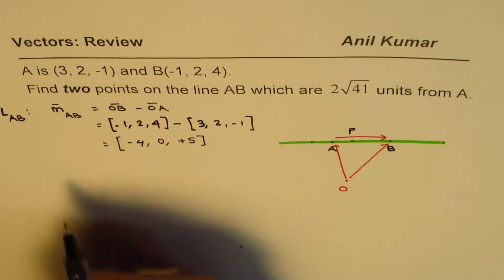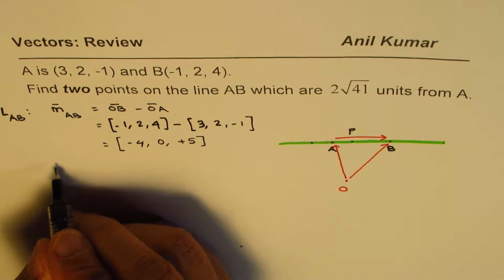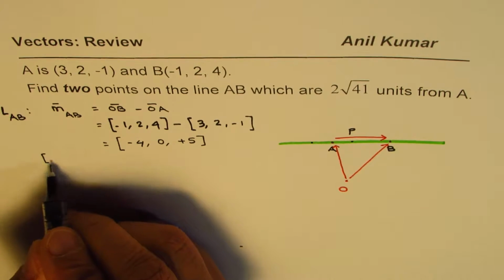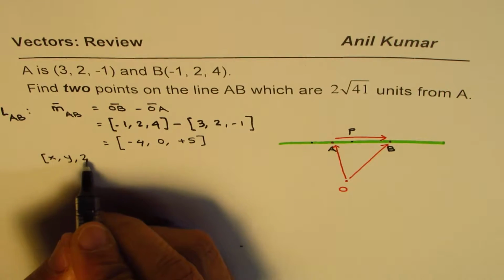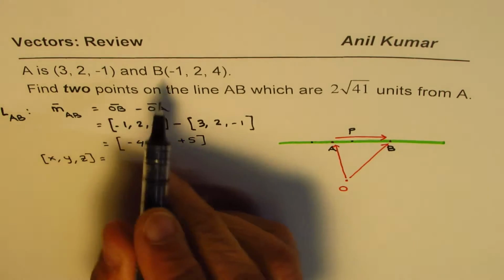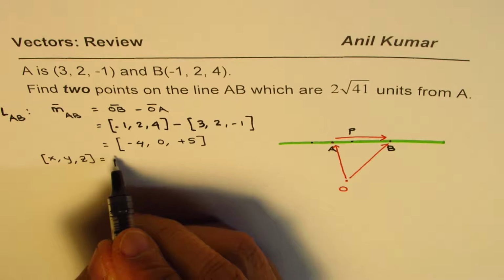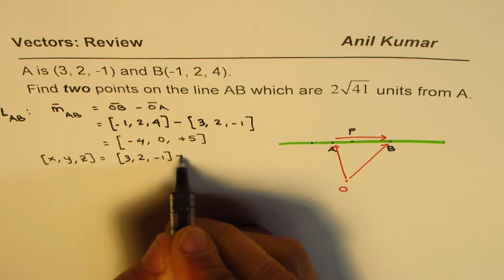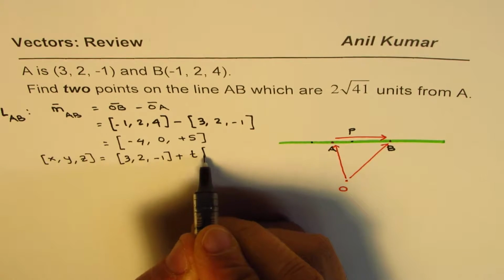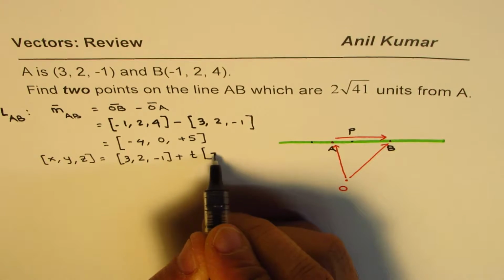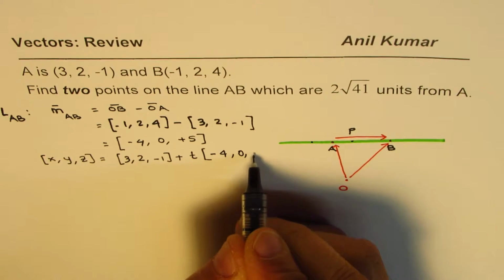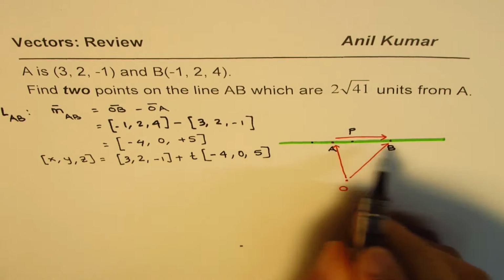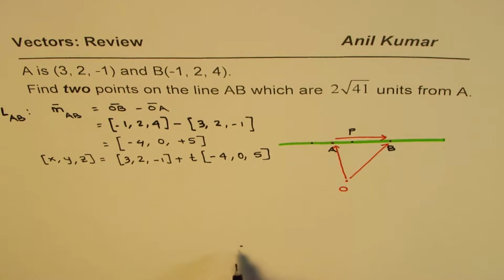So we have this as the direction vector. Now we can take A as a point, and the equation of the line can be written as (x, y, z) equals one of these points. We'll prefer to take A, which is (3, 2, -1), plus the parameter t times the direction vector, (-4, 0, 5). So that becomes the equation of the line.